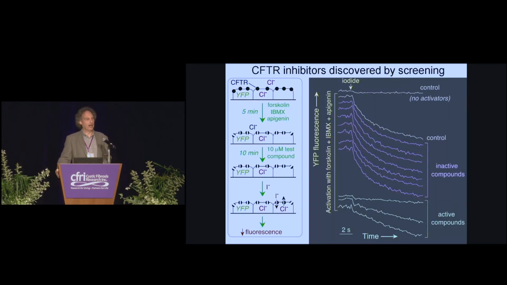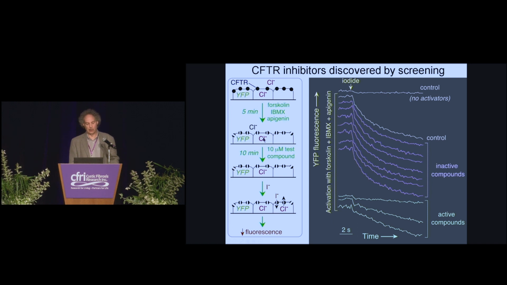Our screen was as follows, and I'll just take you through this because the screening method is very similar for all of the different drugs we've discovered. In this case, shown at the upper left, we have cells with our YFP, our halide sensitive indicator, with human wild type, that is normal CFTR.